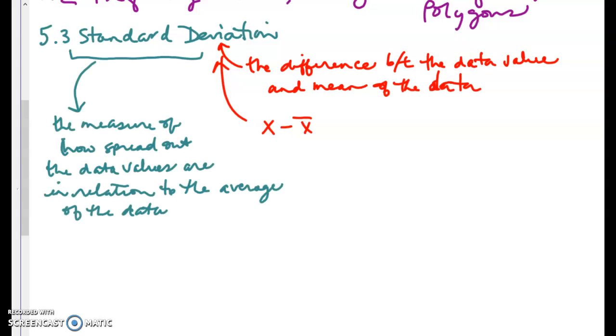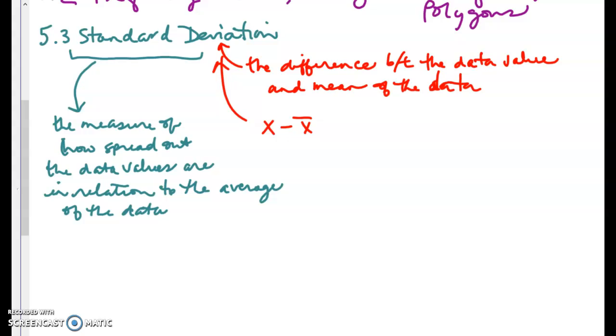Standard deviation, its definition, is the measure of how spread out the data values are in relation to the average of that data. So if I'm teaching a class and the average on your math test is, let's say, 80%, then I want to know, what is your score compared to the average? Or what's the difference between your score and the average of the whole class?